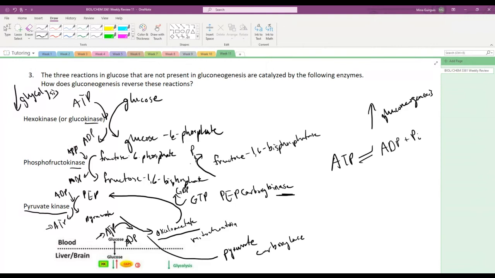And so the thing is, that's not giving us energy, right? The reason that ATP is very high energy is because of the phosphates attached to each other. So this is kind of energetically meh. So when we look over here, fructose 1,6-bisphosphate is kicking off one of its phosphates.